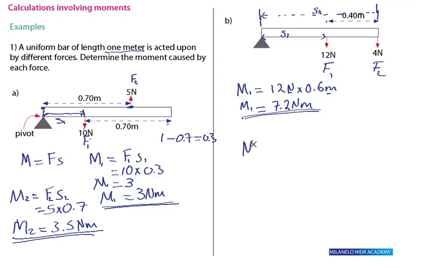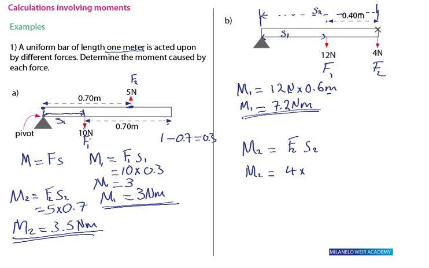How about M2? M2 is F2S2. So M2 is equal to F2, which is 4, times the distance of the 4 Newton force from the pivot.